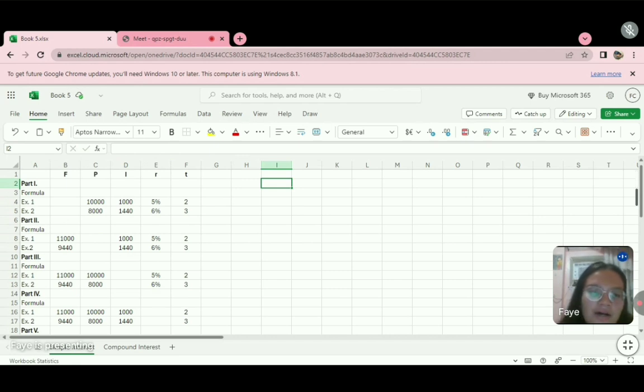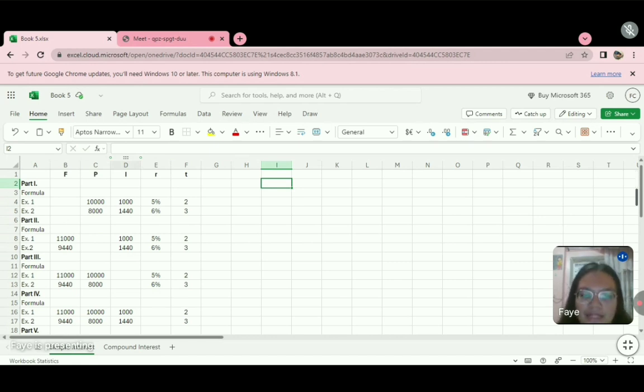First, we have F, which stands for the future value, or the total amount of money after interest has been added. P is the principal, which is the original amount of money you borrowed or invested. I is the interest, or the extra money paid. R is the rate, which is usually expressed as a percentage.